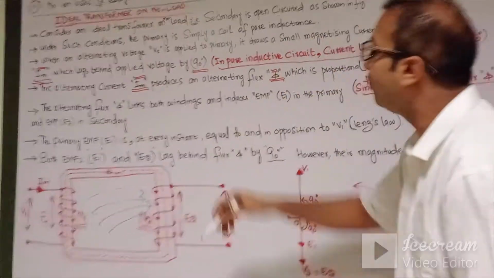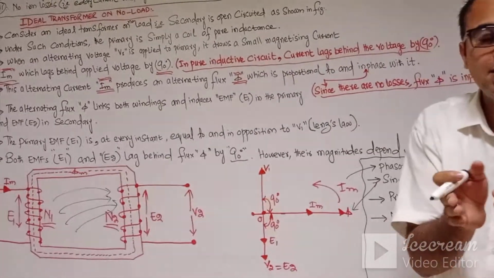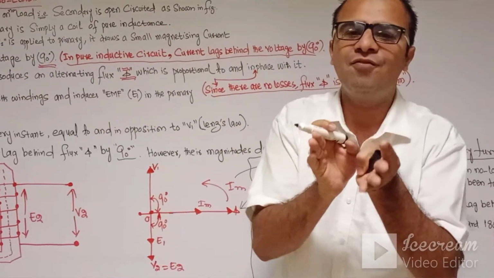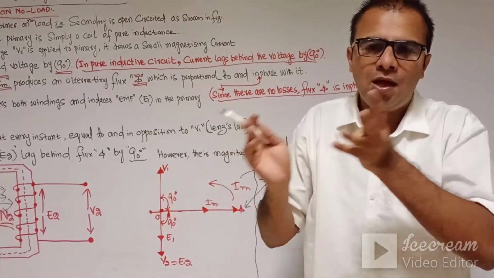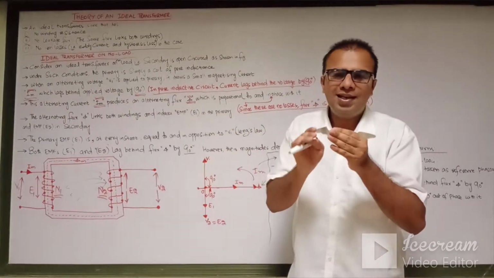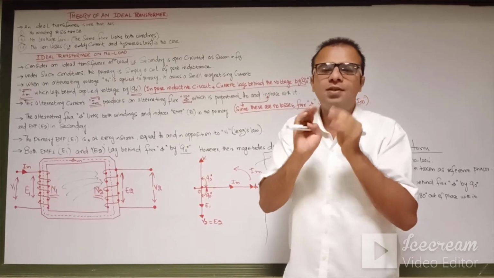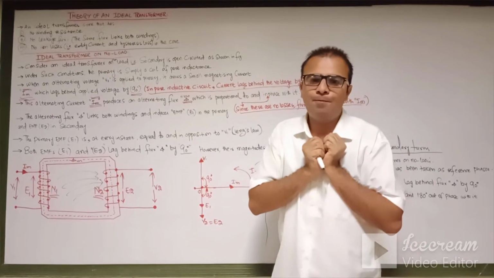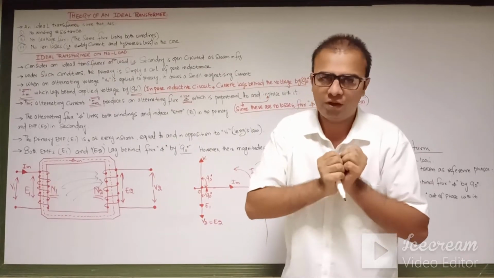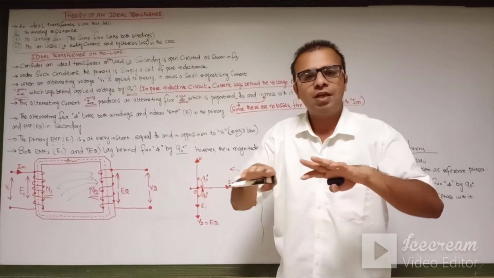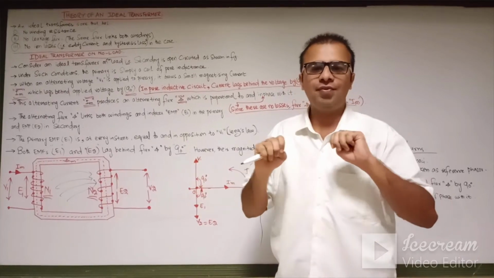Leakage flux is the amount of flux that cannot be linked from one winding to another, from the primary winding to the secondary winding. Some leakage flux can be observed in a practical transformer, but in the ideal transformer there will be no leakage flux.